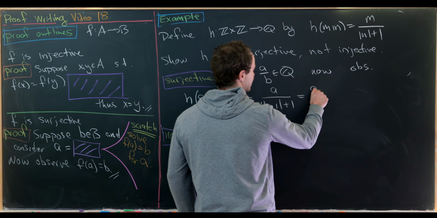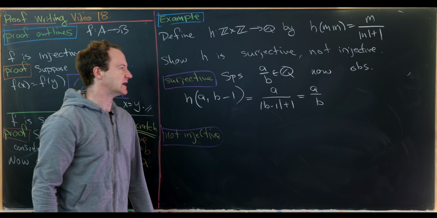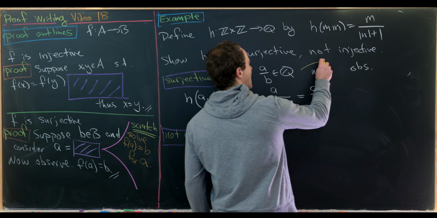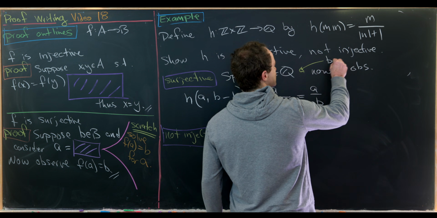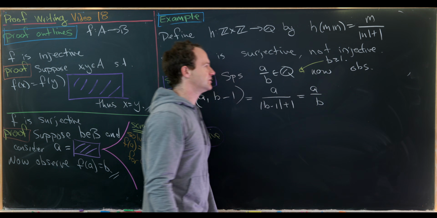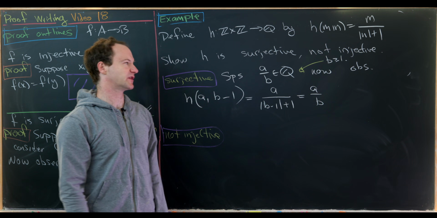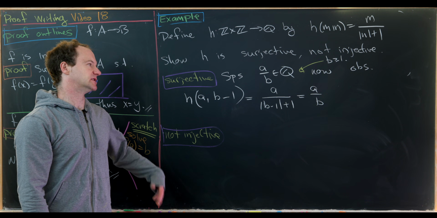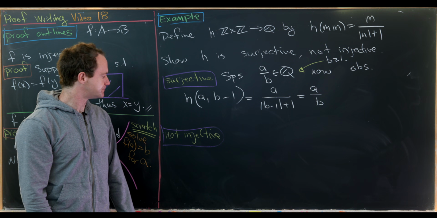But that's going to end up giving us a over b. But notice this doesn't quite work if b is negative, so we might as well choose b to be bigger than or equal to 1. And you might say, well, how do we know we can do that? Well, every rational number can be written with a natural number denominator, so that's totally fine. And now everything works out perfectly.